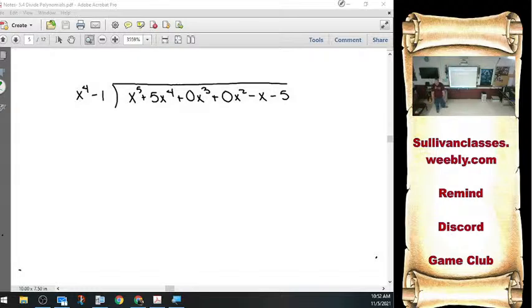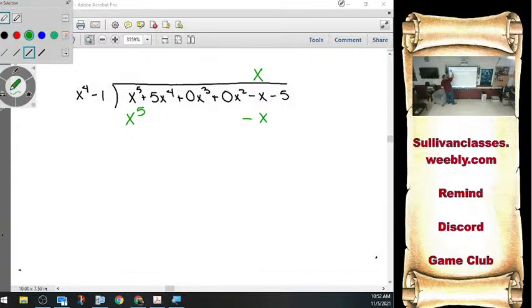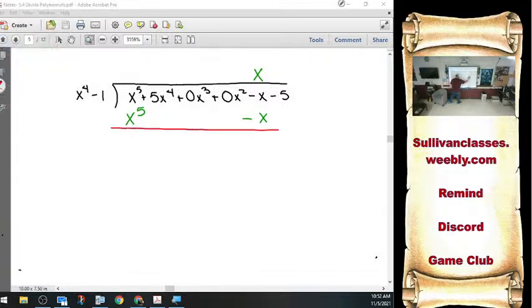What is x to the fifth divided by x to the fourth? Actually, x. Take x times the stuff. x to the fifth minus x. Change your signs. 5x to the fourth minus 5. Right?